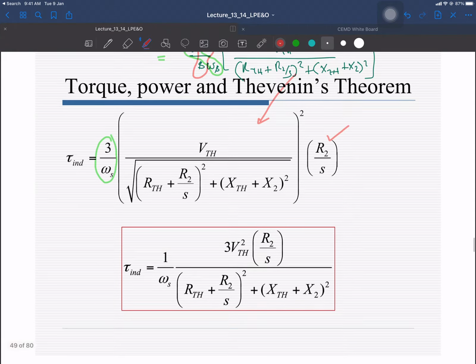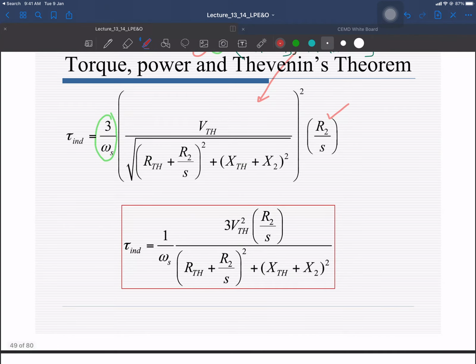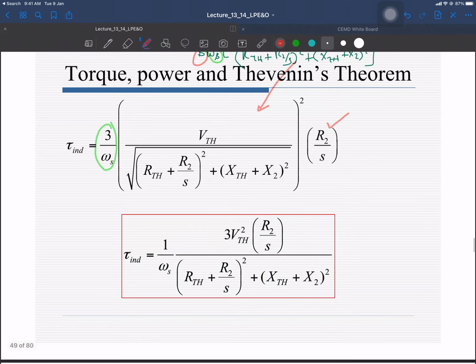So using the Thevenin circuit, we have derived an expression for the induced torque, and finally this expression can be written like this, right? 3 into V Thevenin square into R2 by S divided by all of this part, where this is the synchronous speed of your machine, and all of these are the machine parameters. So we have expressed the torque induced in terms of the machine parameters, equivalent circuit parameters R2, X Thevenin, X2, X1. So it is in terms of machine parameters.